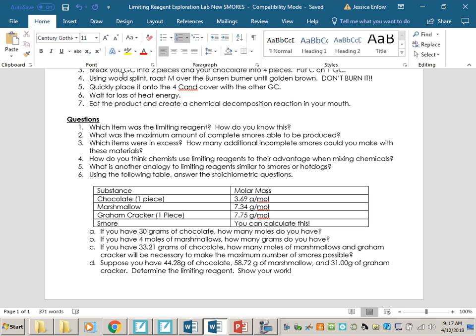Incomplete s'mores is my base material. So would it be 15? I think that's reached 15. Would it be 15?